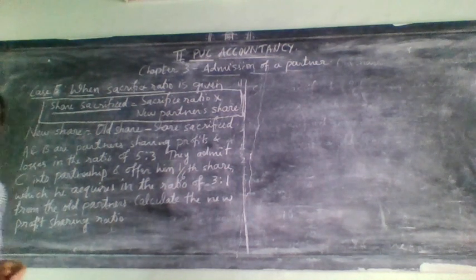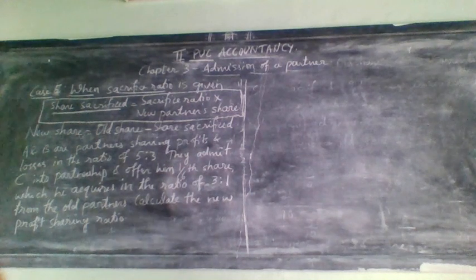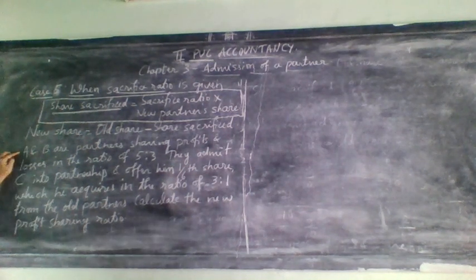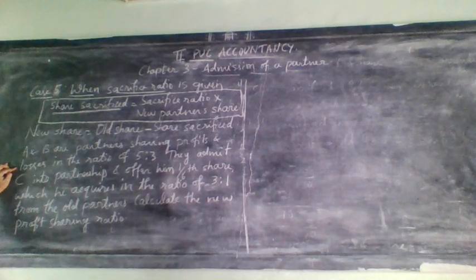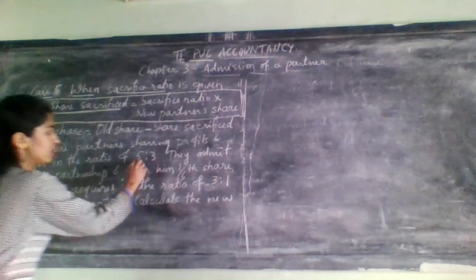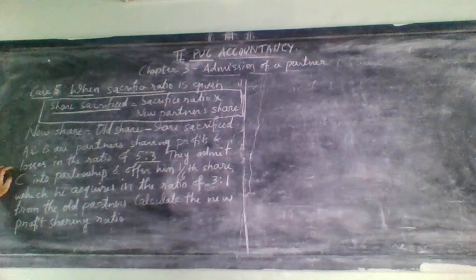Let us understand this case with the help of one problem. A and B are partners sharing profits and losses in the ratio of 5:3. This is considered the old ratio.